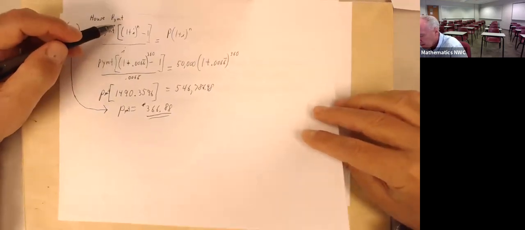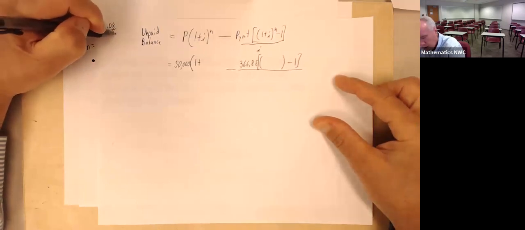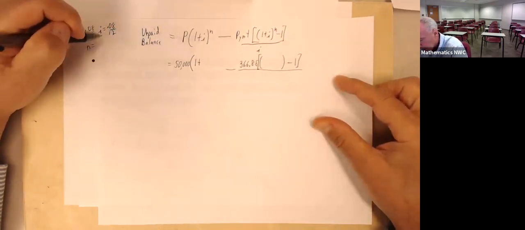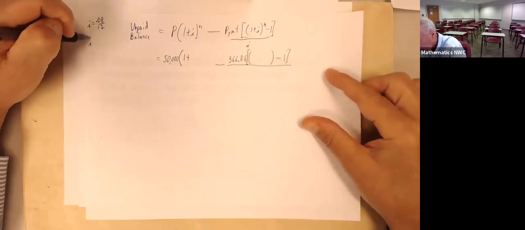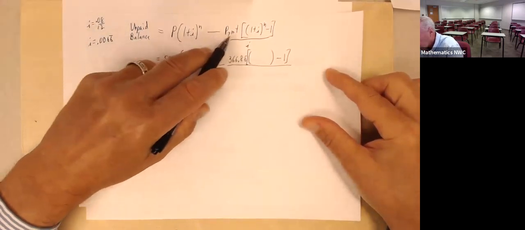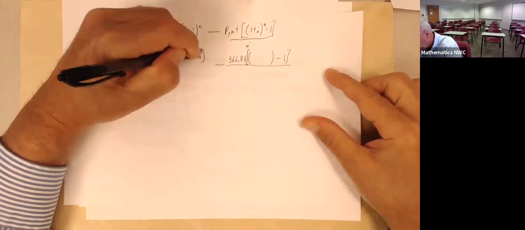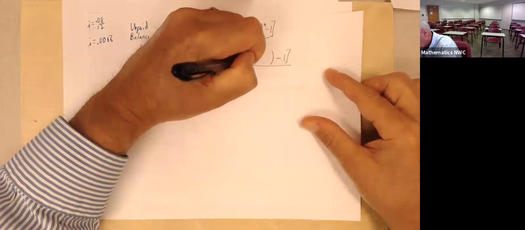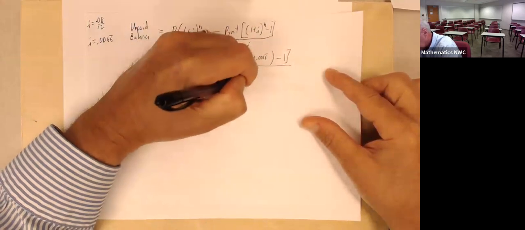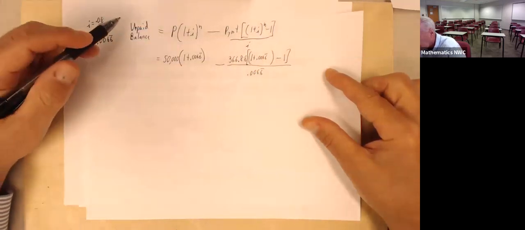You remember our I we found earlier to be 8% divided by 12. So I here was 0.08 divided by 12, which we got to be 0.006 repeating. That's going to go in for all of those I's: 1 plus 0.006 repeating, and 0.006 repeating for the I down there.